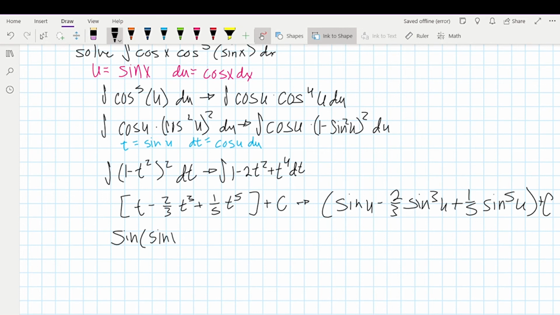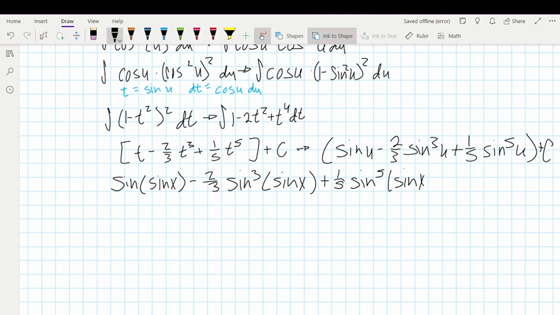So sine of x minus 2/3 sine cubed x plus 1/5 sine to the 5th x, plus c.